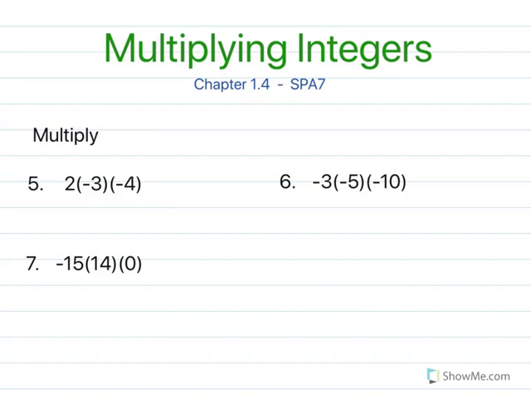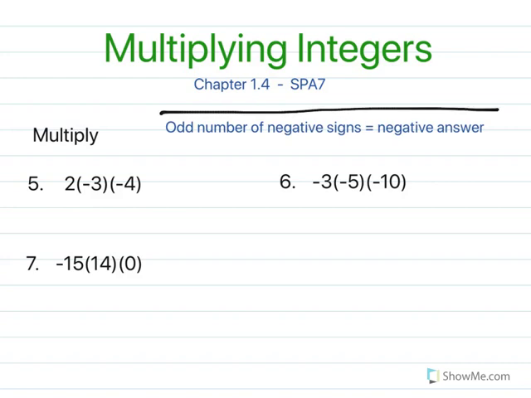All right, so again, here's another rule I'm going to give you. If you have an odd number of negative signs, the answer is always negative. So let me write this down. An odd number of negative signs equals a negative answer. Now all we have to do is multiply all 3 numbers.